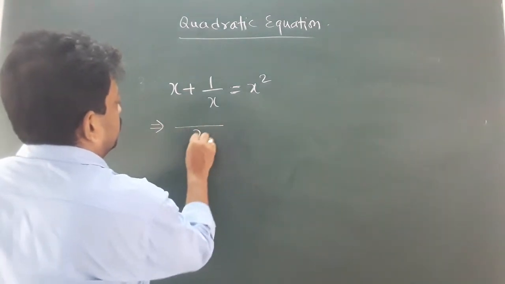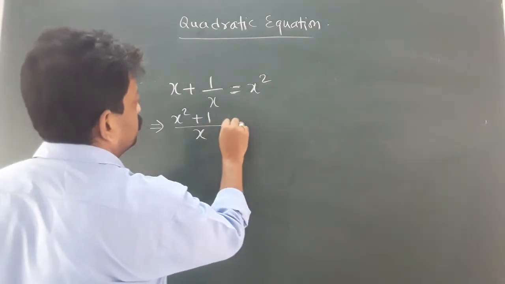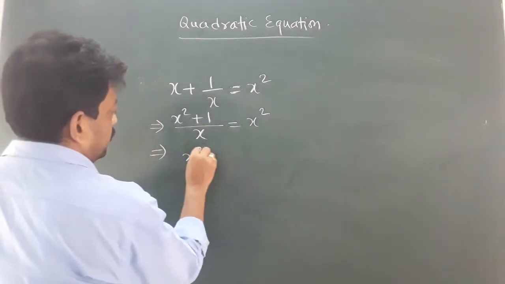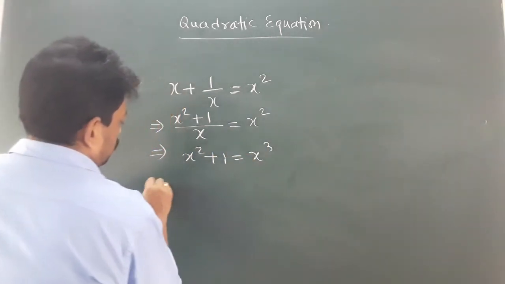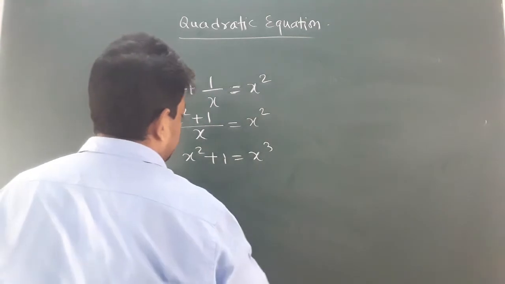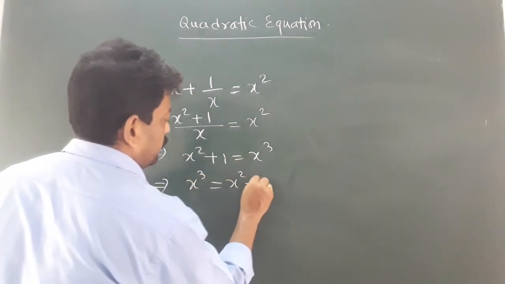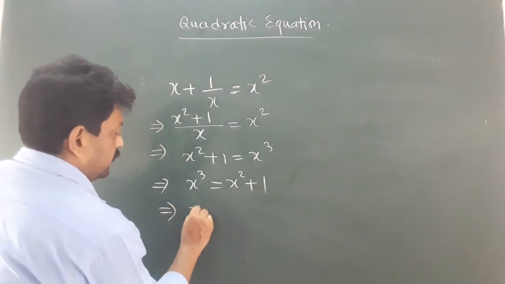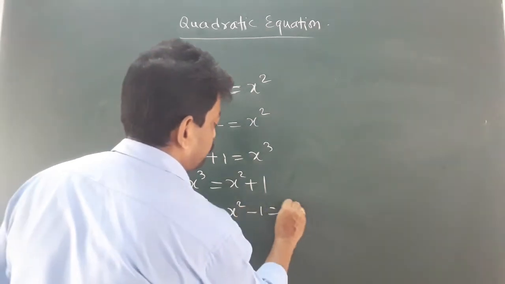So here x is the LCM, x square plus 1 equals to x square. By cross multiplication, x square plus 1 equals to x cube. So if x cube is brought to the left hand side, it will become x cube equals to x square plus 1. I have interchanged the sides, and then x cube minus x square minus 1 equals to 0.